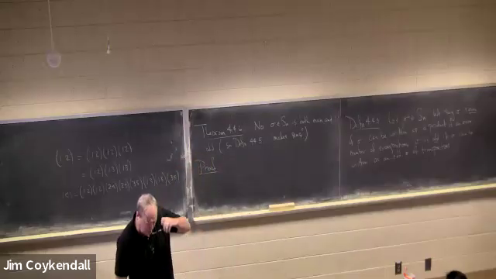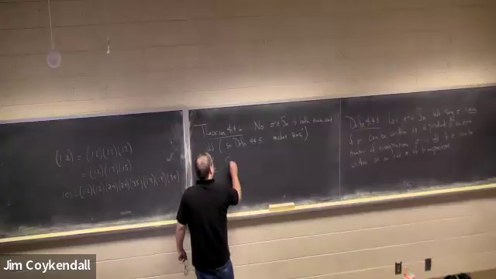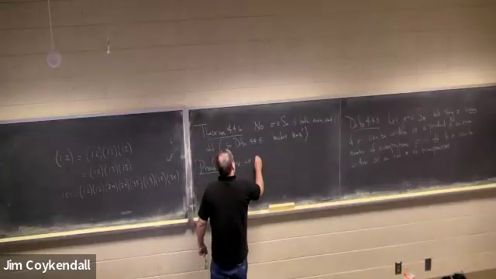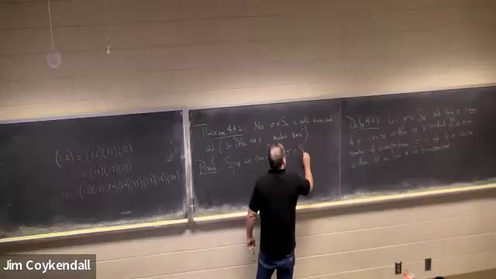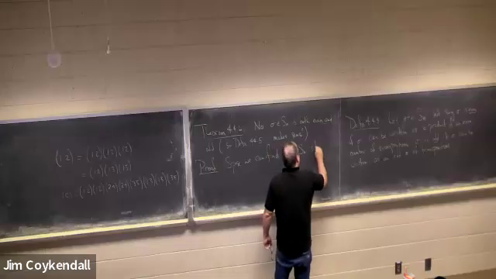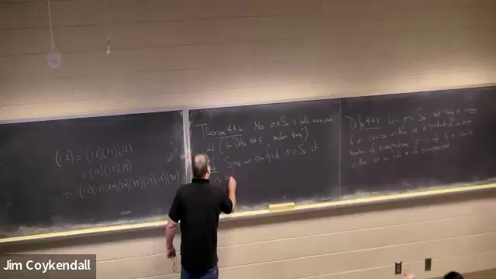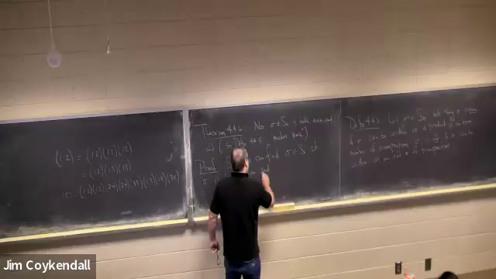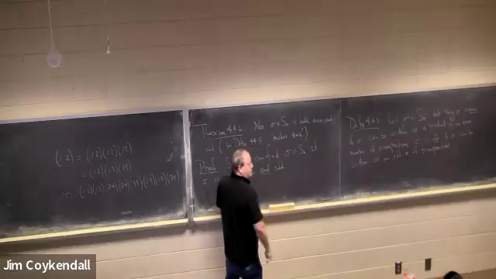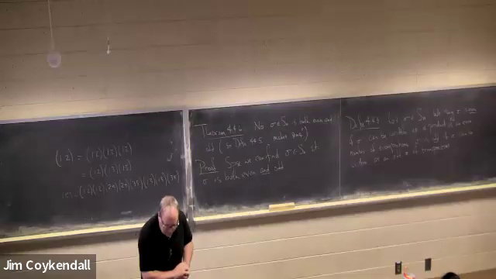Let's suppose that the theorem is false. That is, suppose we can find sigma in S_n such that sigma is even and odd. Okay, so what does that mean?